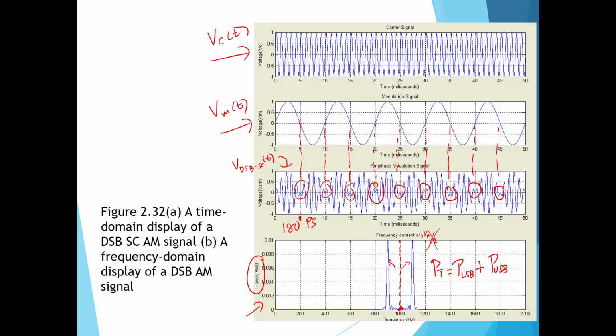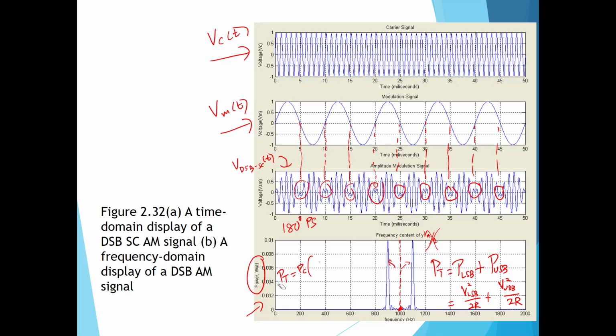Okay, so this is actually equal to VLSB square divided by 2R plus VUSB square divided by 2R. So you get the total power. In this case, you cannot use this equation anymore: PT equals PC times square root of 1 plus m square over 2.